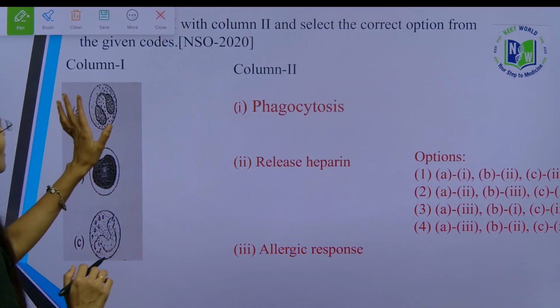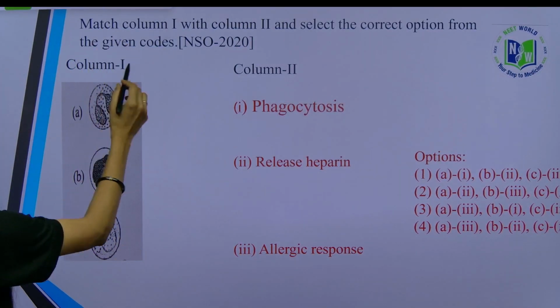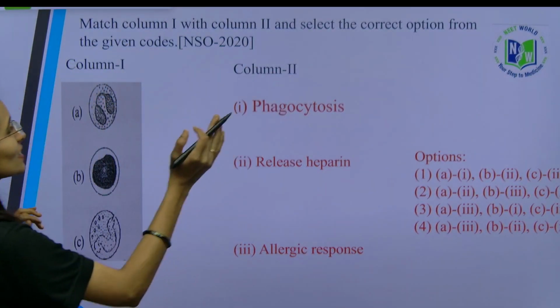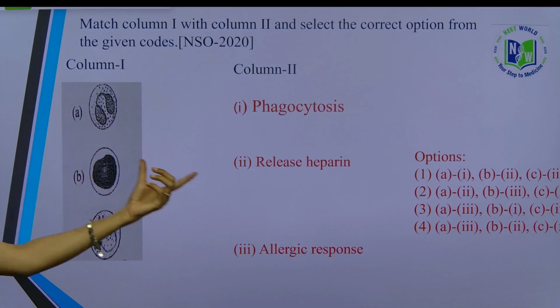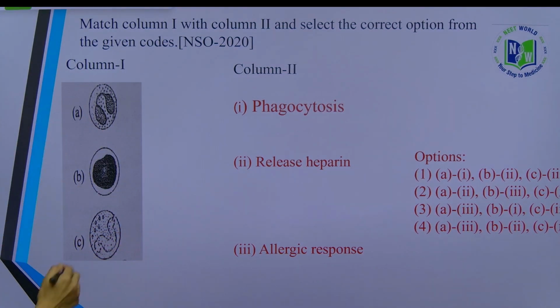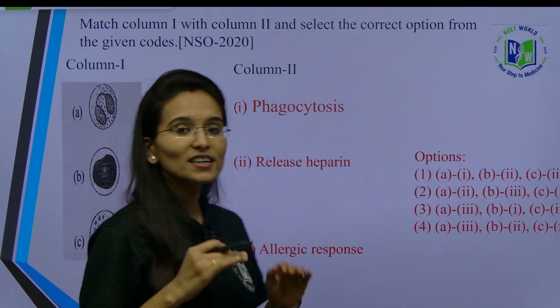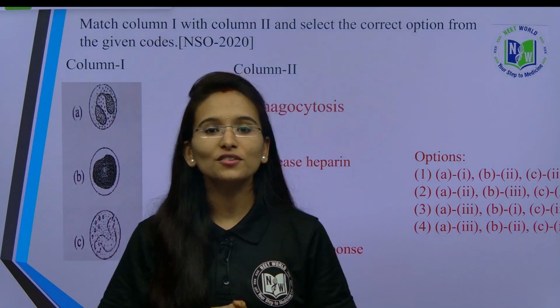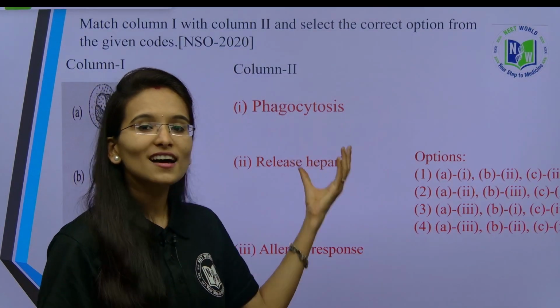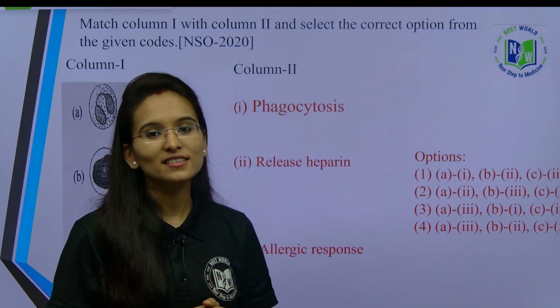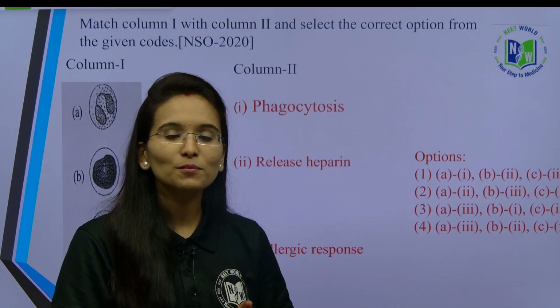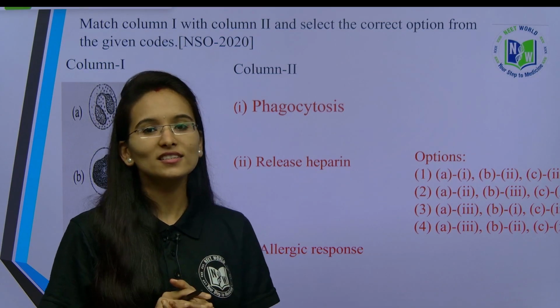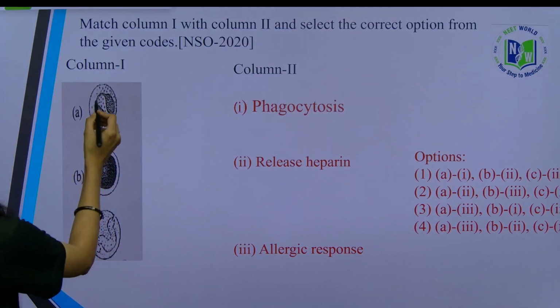Yes. So let's look into the question. Match column 1 with column 2 and select the correct option from the given codes. Yes, in column 1 here are the cells, this question is related to fluid connective tissue. So these are all white blood cells and we need to identify the proper function of each particular cell.